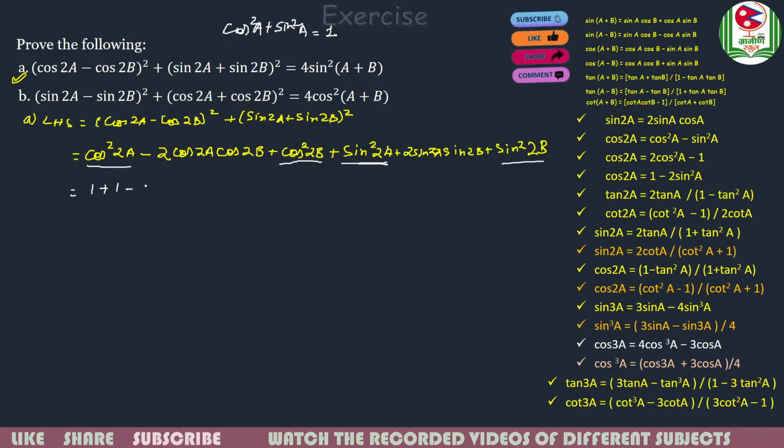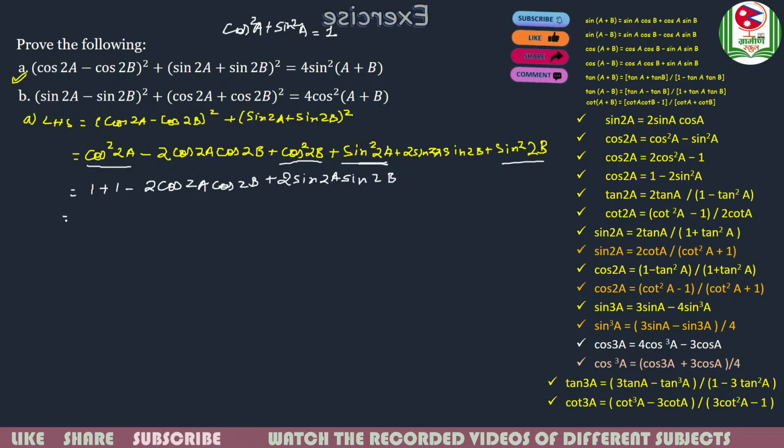And minus 2 into cos 2a cos 2b, so we write cos 2a into cos 2b plus how much? This one, 2 sin 2a into sin 2b.